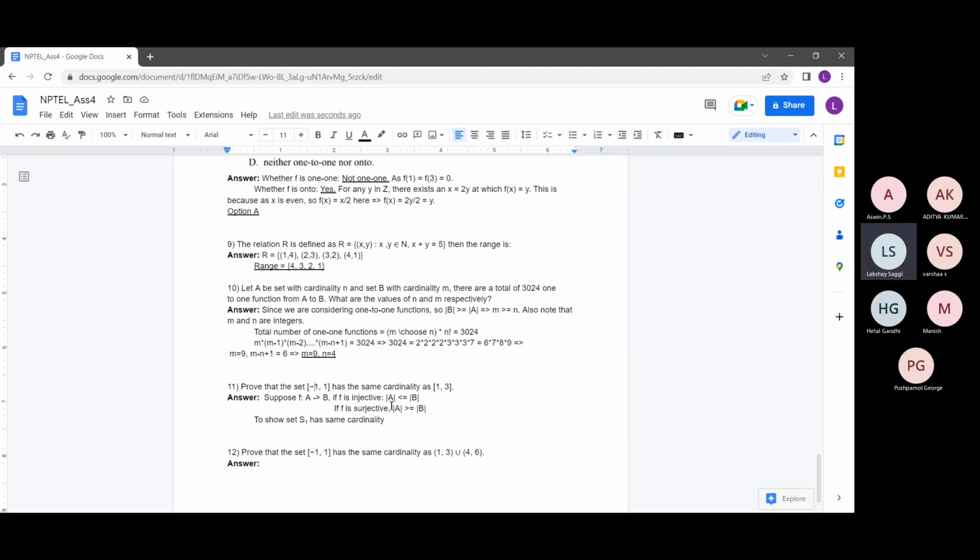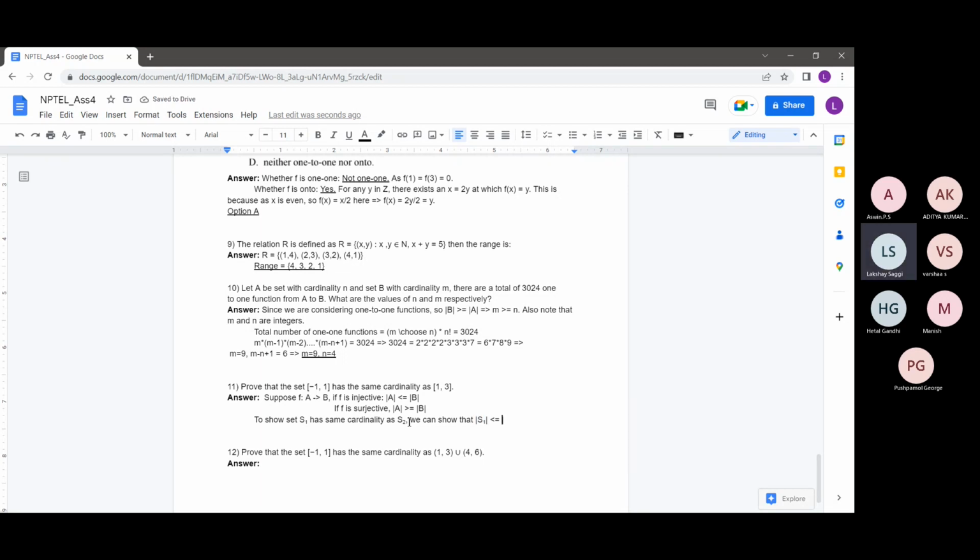And if A is less than or equal to B and A is greater than or equal to B, then A equals B, right? So basically, to show S1 has the same cardinality as S2, think about how we show that two sets are equal: we show that one set is a subset of the other and the other way around also.